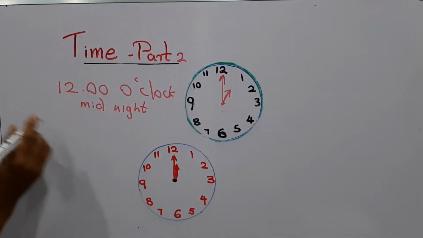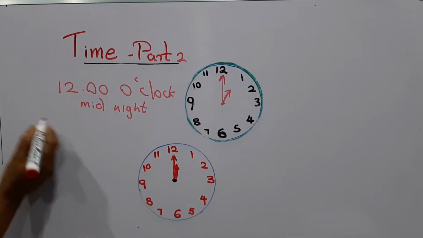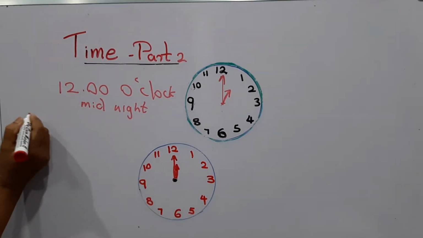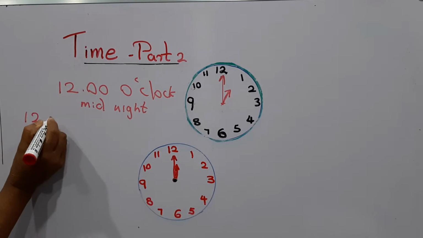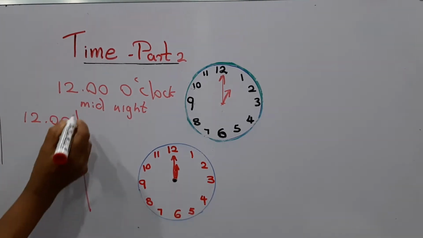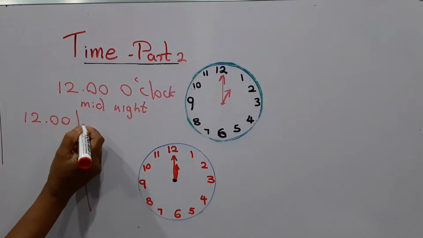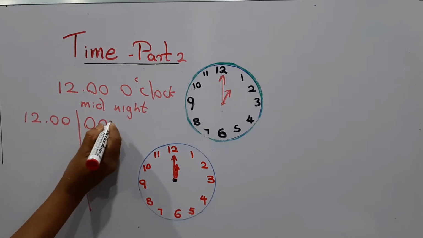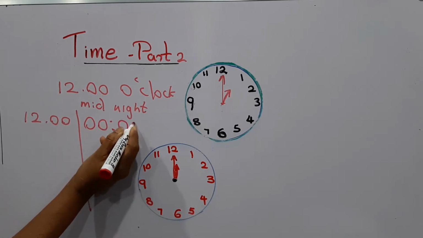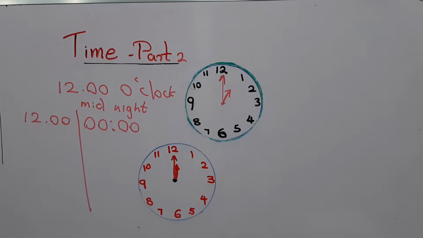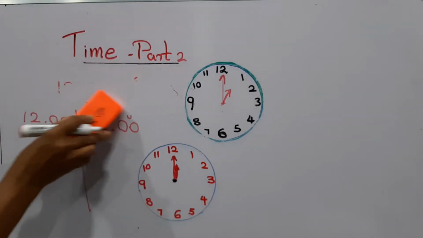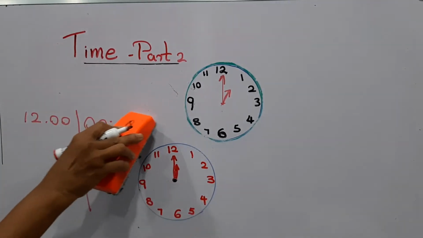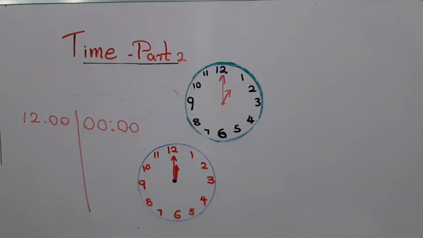Then when we are writing in 12-hour clock time, it is 12. In 24-hour clock time, that is a new beginning, it is like this. Think about that, it is 12 midnight.